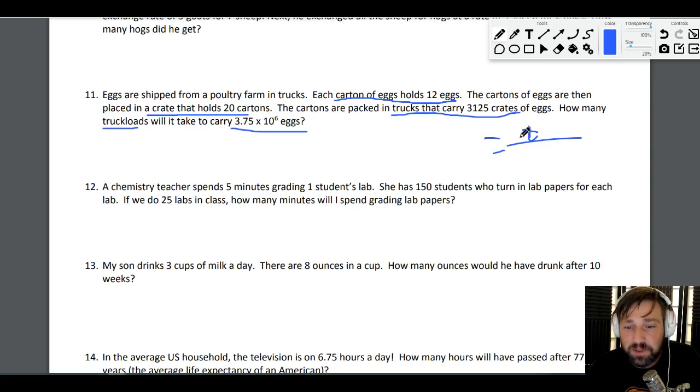Okay. So we're trying to get to trucks. Which one of these is trucks? Here we go. So we know that 1 truck, 1 T, is 3,125 crates.